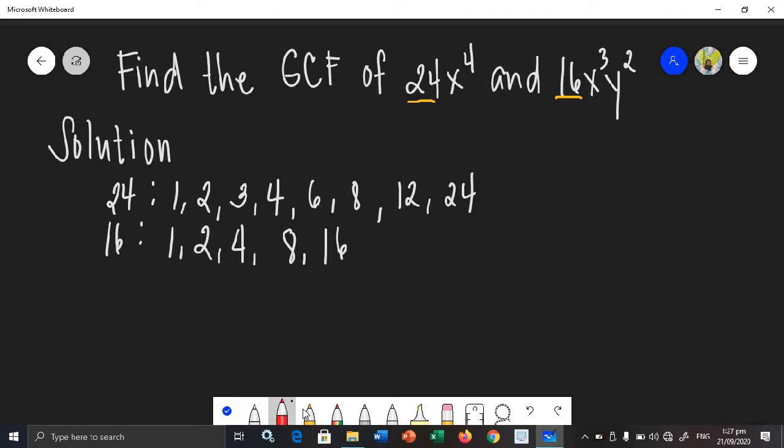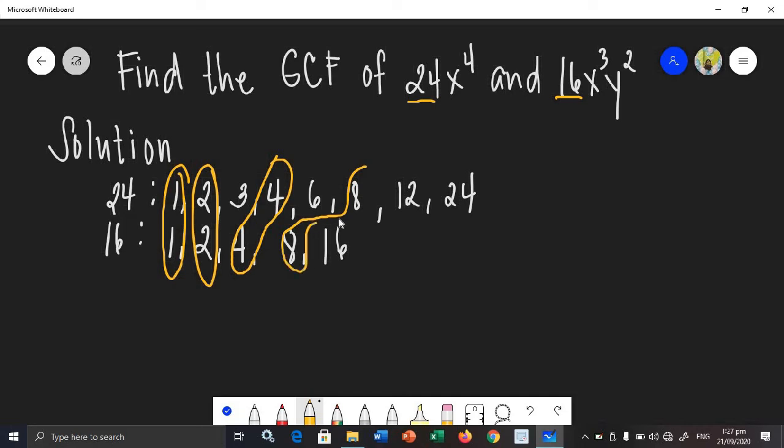Now, as you can see, madami siyang common factor, di ba? Marami silang magkamukha na factor. We have here 1, we have here 2, we have here 4, and then we have 8. Okay? So, they have 4 common factors, but we are looking for the greatest common factor, or yung pinakamalaking magkamukhang factor niya.